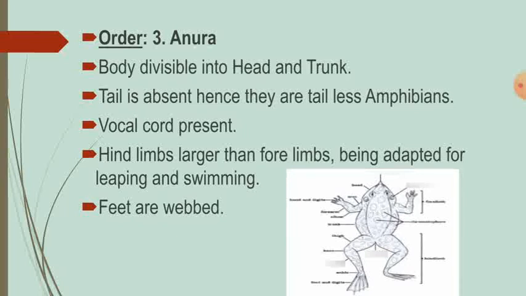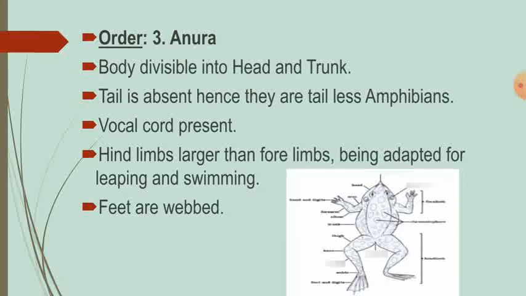The larva is very different from the adult, so metamorphosis into the adult is marked. The Anura inhabit the tropical and temperate regions of the world. They occur near ponds, marshes, rivers, streams, etc. In these places they can be seen.